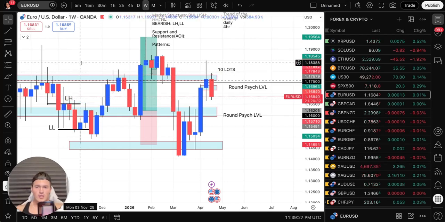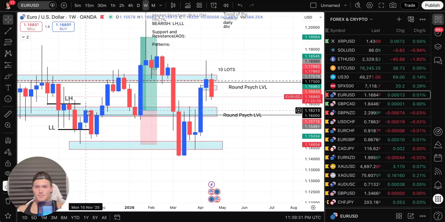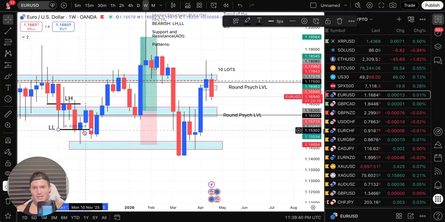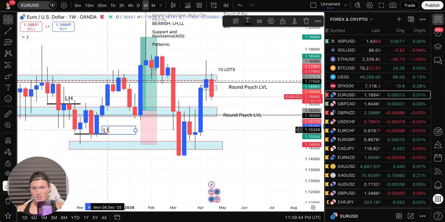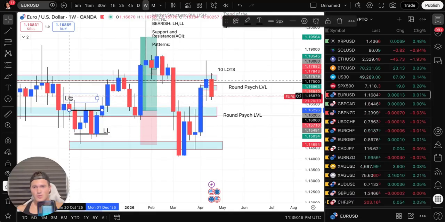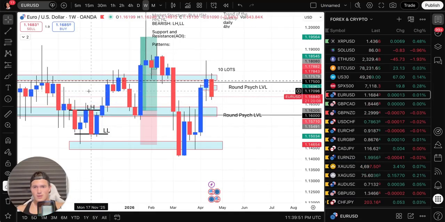So the market is still bearish. Now we came back up, broke below this lower low. When it breaks below a lower low, we get a new lower low. Okay, so this is how we know the market is still bearish, and we get a new lower high.